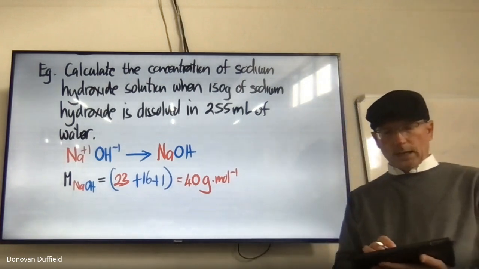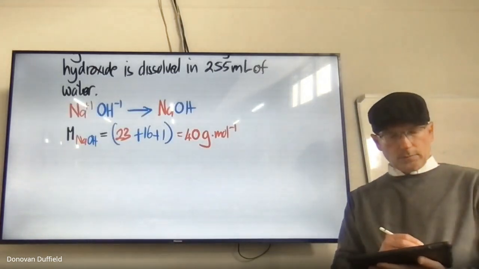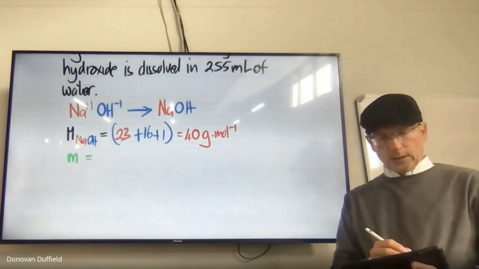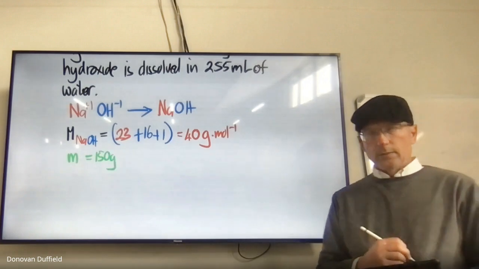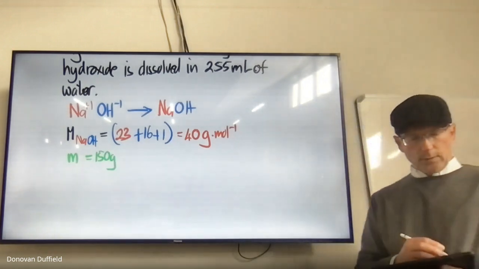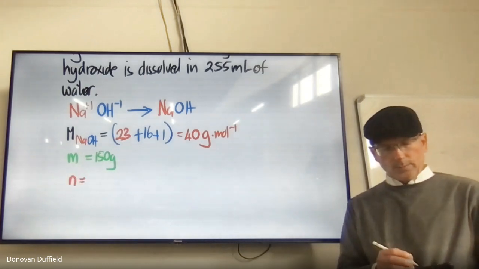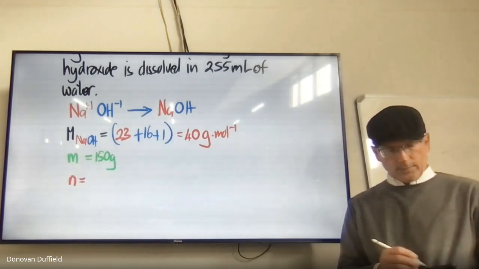Right. Now, we are told that the mass of the sample is 150 grams. So therefore, we could work out that the number of moles is the mass divided by the molar mass.